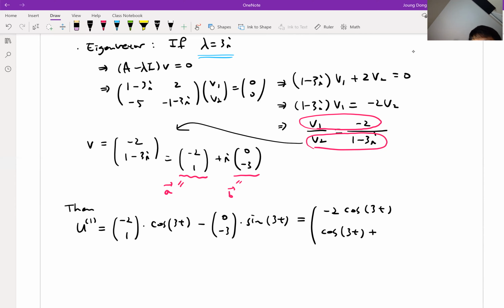Oh, it's fine. It is plus 3 sine 3t. Actually, this is different from my note, but it doesn't matter. They will be the same.